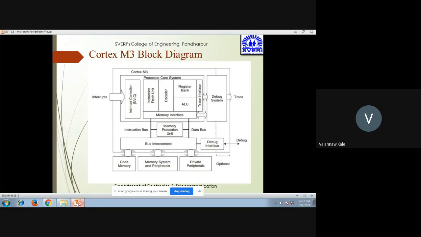Then the memory protection unit, called the MPU. Then there are the instruction bus and data bus. These are 2 important buses. Then the bus interconnect is there. Then you have the debug interface, code memory, memory system and peripherals, private peripherals, and some optional peripherals. So this is the block diagram of the Cortex M3.